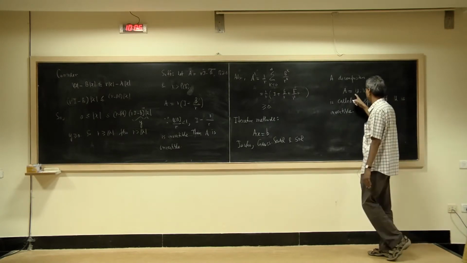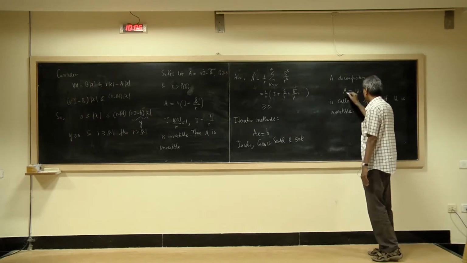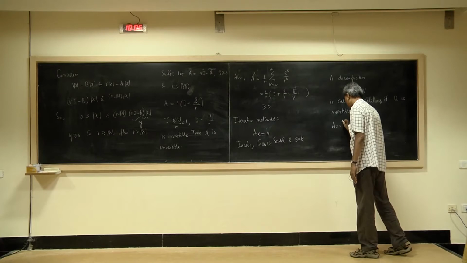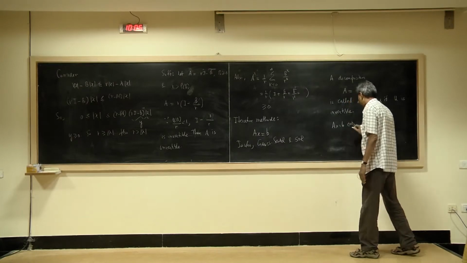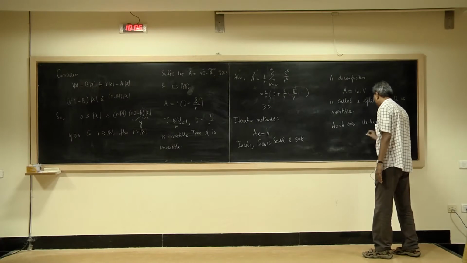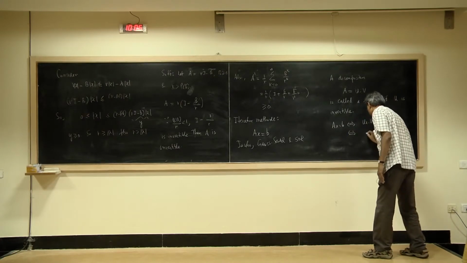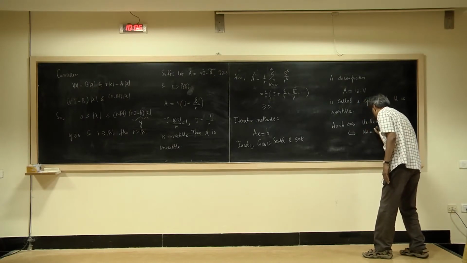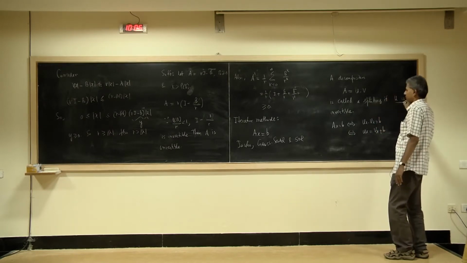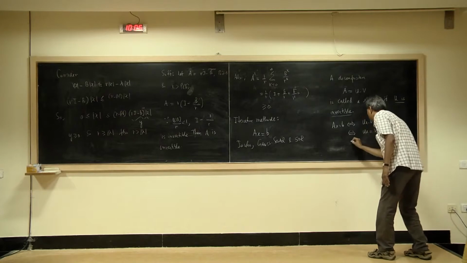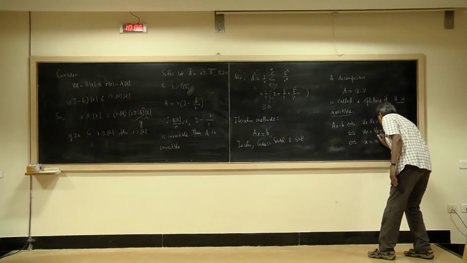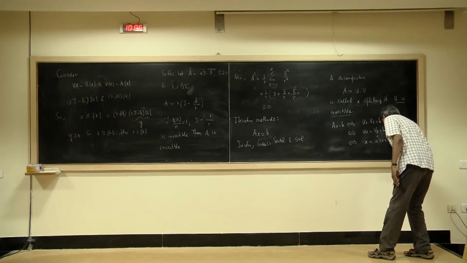What is the fixed point equation coming out of a splitting? A equal to U minus V. If you go back to the equation Ax equal to b, that's equivalently written as Ux minus Vx equal to b. This is the same as Ux equals Vx plus b. Use the fact that U is invertible, so that this is the same as saying that x is equal to U inverse Vx plus U inverse b.